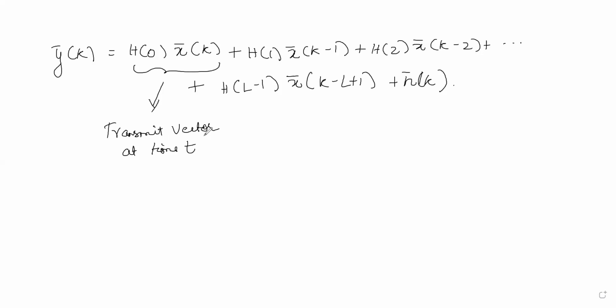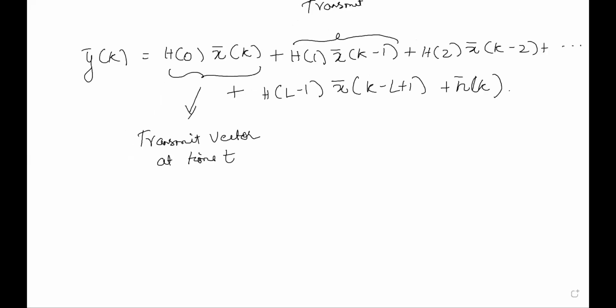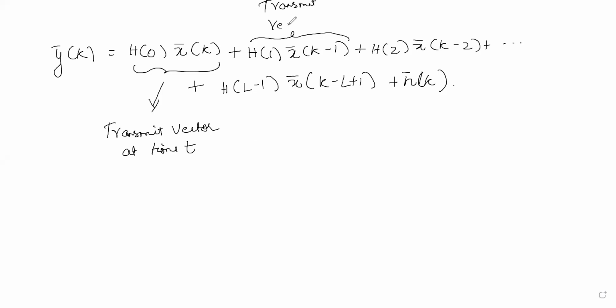Similarly, H of 1 x bar of k minus 1 is nothing but the transmit vector at time t minus 1, that is the previous symbol.